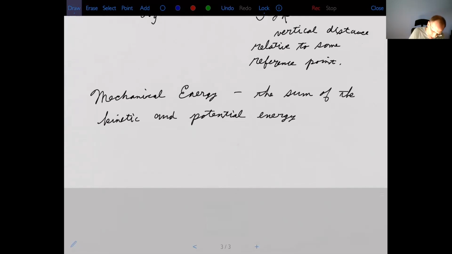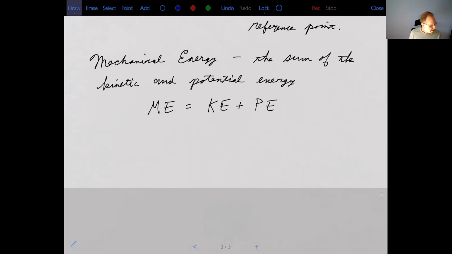Usually I call mechanical energy ME. So mechanical energy is going to be the kinetic energy plus the potential energy. And here's the key point about mechanical energy. It's conserved, right?